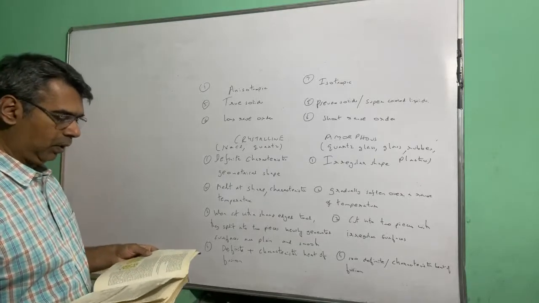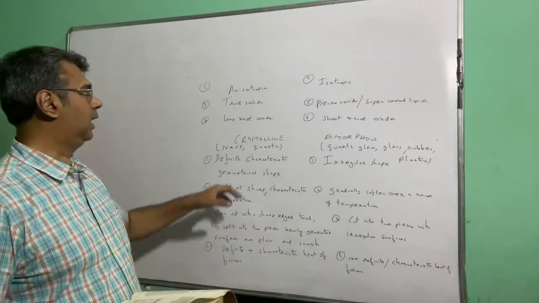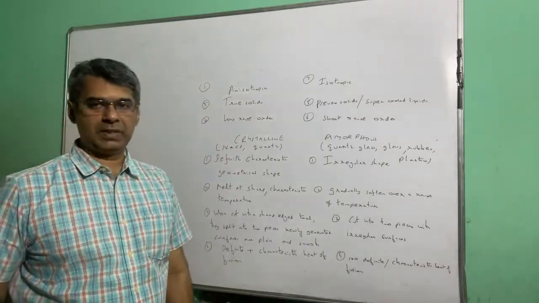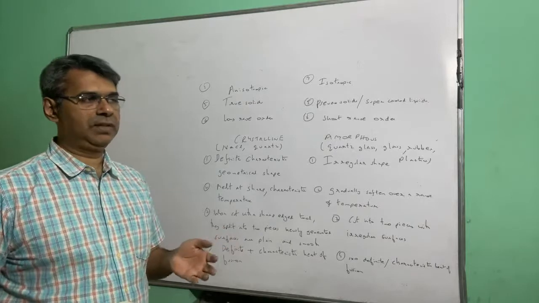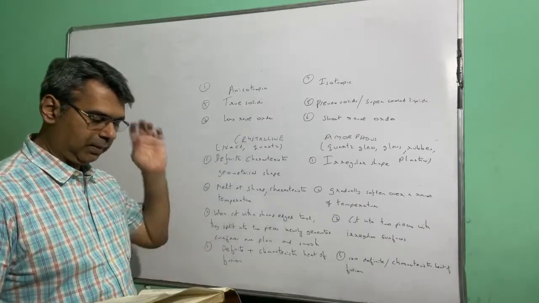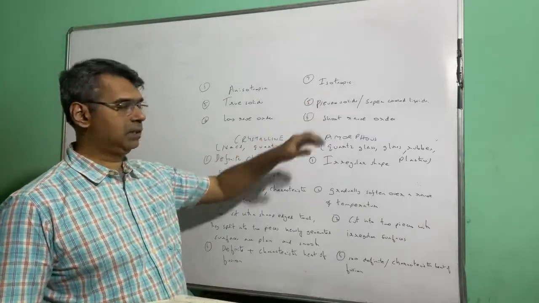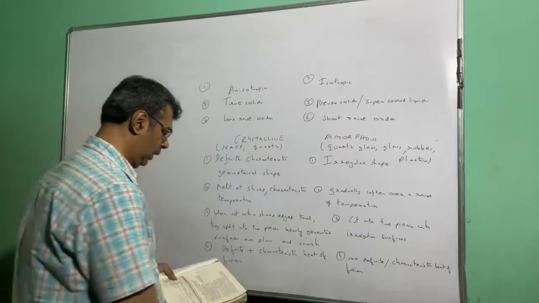So, what is the meaning of anisotropic? That means that anisotropic means the physical properties will change depending on which direction you are going, whereas in case of amorphous, there is no long range order, so physical properties will be the same in every direction.